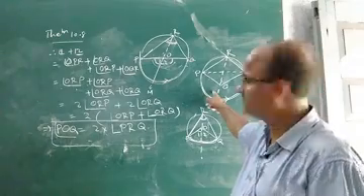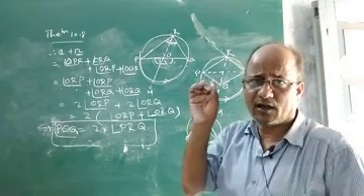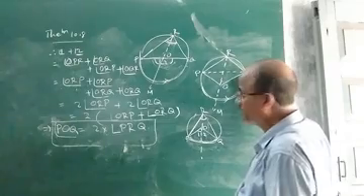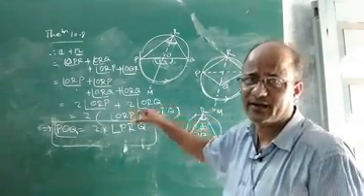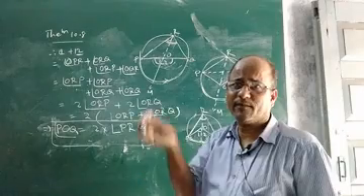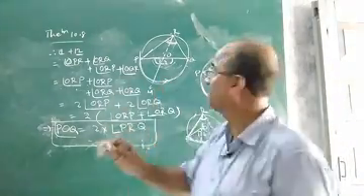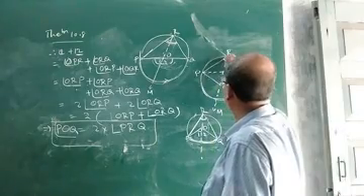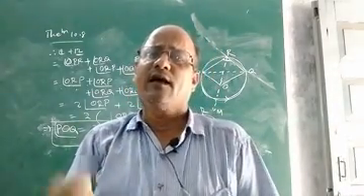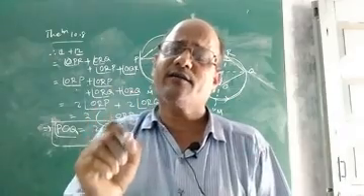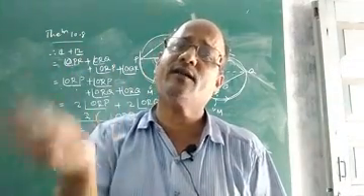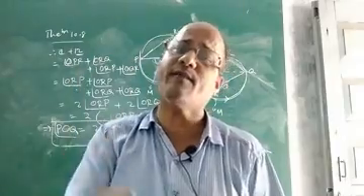And again, the third case, by considering PQ as a major arc and proceeding in a similar manner, you can easily prove that the angle subtended by the major arc at the center is double the angle subtended by the same major arc on the remaining part. So we came to know that whatever angle an arc, whether minor, major or semicircle, subtends at the center, it will always be double the angle subtended by the same arc on the remaining part.